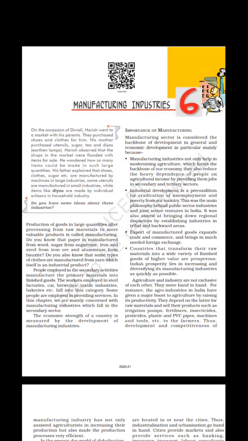Agriculture and industry are not exclusive of each other, they move hand in hand. For instance, the agro industries in India have given a major boost to agriculture by raising its productivity. They depend on the latter for raw materials and sell their products such as irrigation pumps, fertilizers, insecticides, pesticides, plastic and PVC pipes, machines and tools, etc. to the farmers.